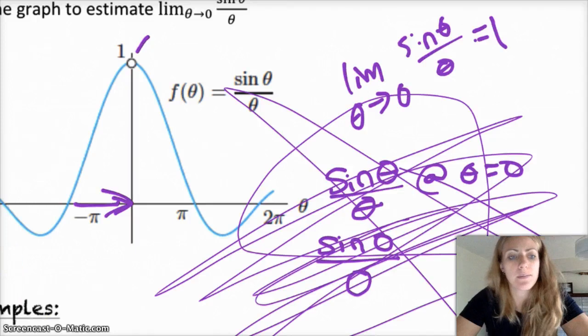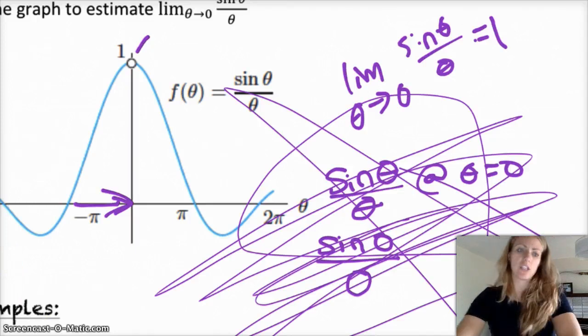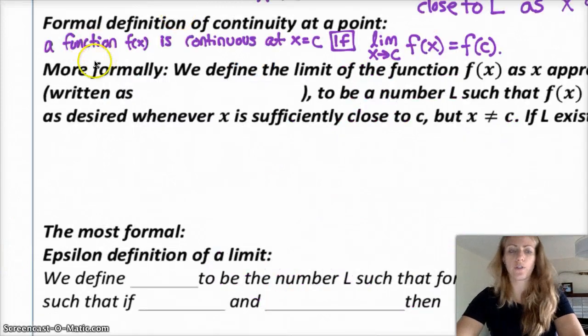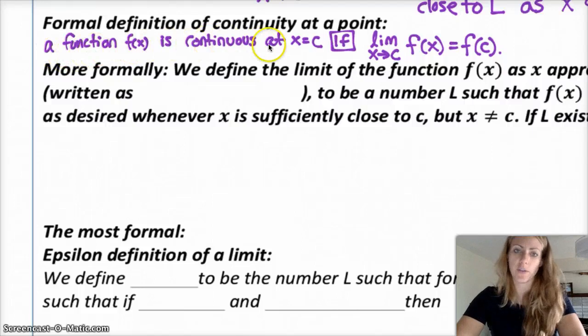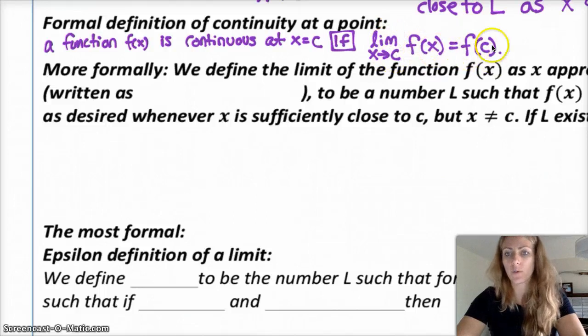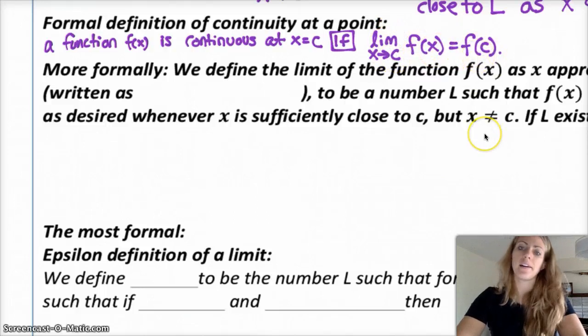So that's the formal definition. A function f of x is continuous at x equals c if the limit as x approaches c is actually equal to the function at c.